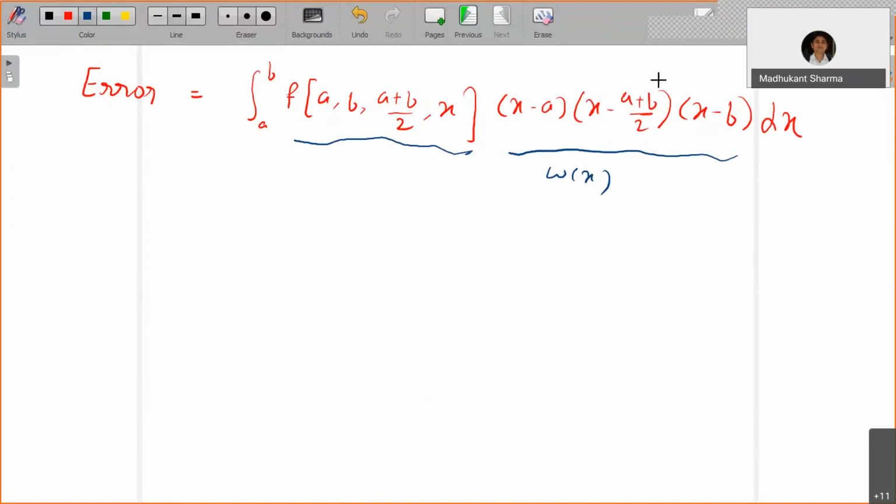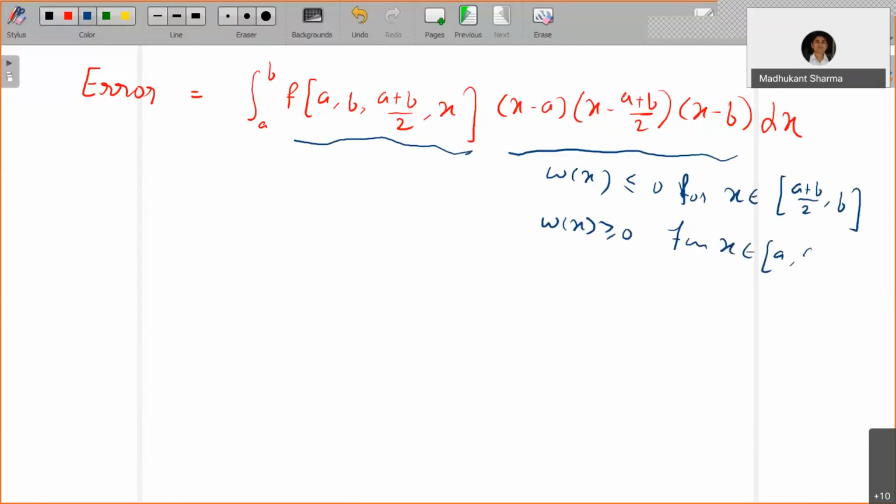But due to the factor x minus (a plus b)/2, what you will observe is that w(x) is less than or equal to 0 for x belonging to (a plus b)/2 to b, and w(x) is greater than or equal to 0 for x belonging to a to (a plus b)/2. And further you can show that the integral from a to b of w(x) dx in this case is equal to 0.